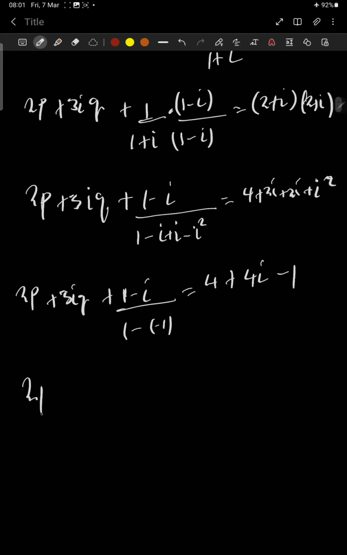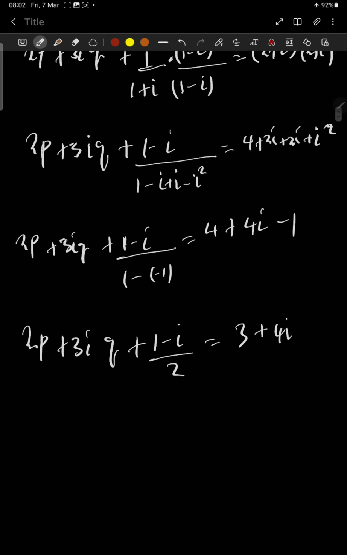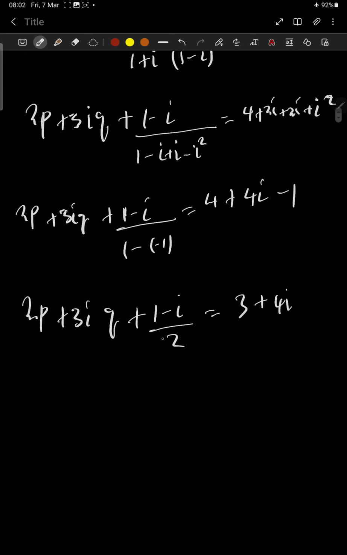So I'm going to have 2P plus 3IQ, and then plus 1 minus I over 2, equal to 3 plus 4I. Then here guys, what's a common denominator? The common denominator is 2, so I'll multiply everything by 2.